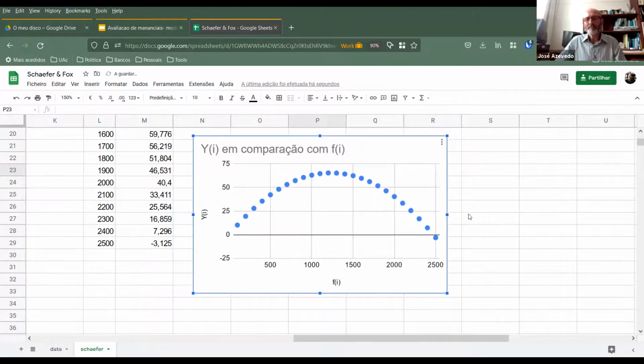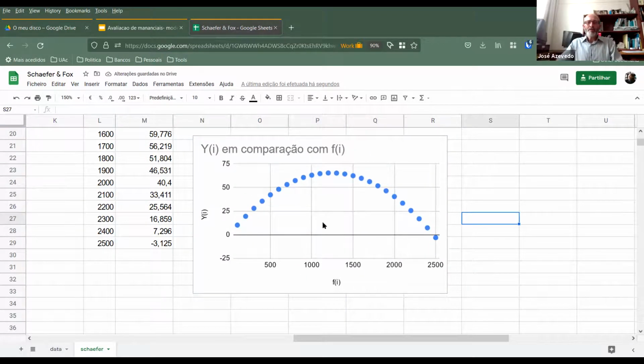There you go. So this is where you see that there's a maximum yield related to a certain value of fishing effort, and that's where the conclusions come from.